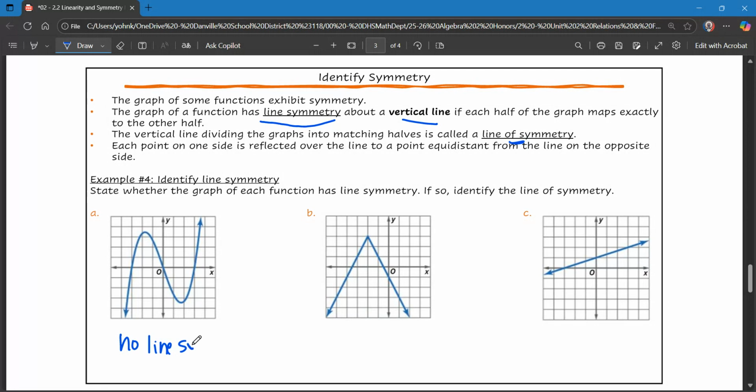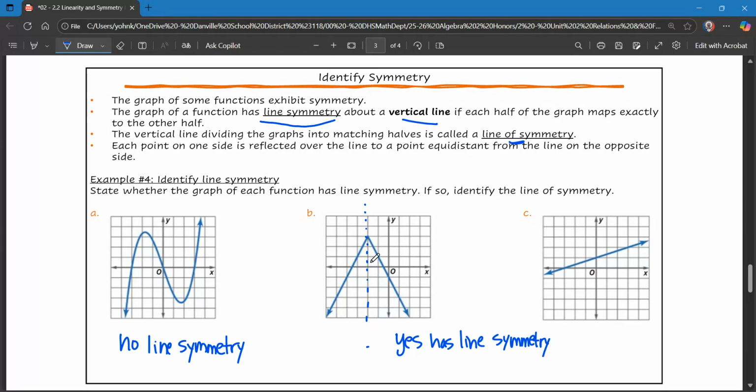No line symmetry. However, if we look at letter B, you can imagine a straight line kind of going right down here, and every point on the right side of that straight line can be reflected to a point on the left side of that straight line. So this one definitely, yes, has line symmetry. And then it wants us to state what that equation is.